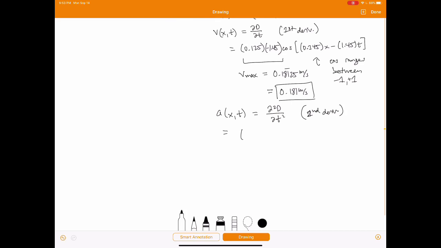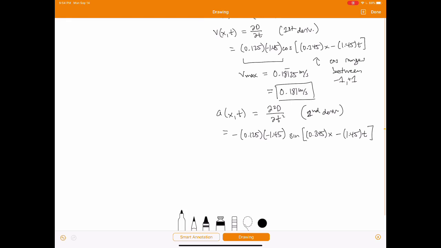So we have 0.125 and minus 1.45 out front, just like before. But when we take the derivative of cosine, we get negative sine. So here's what I'm going to do. I'm going to put a negative out here, and then cosine changes to sine. And we have 0.345x and minus 1.45t inside of here.